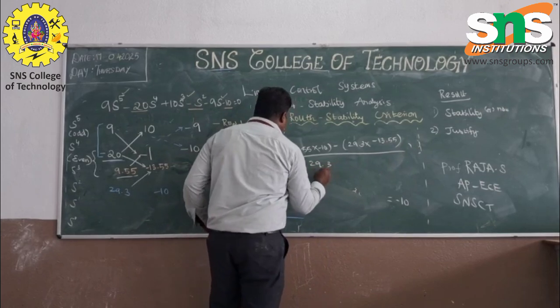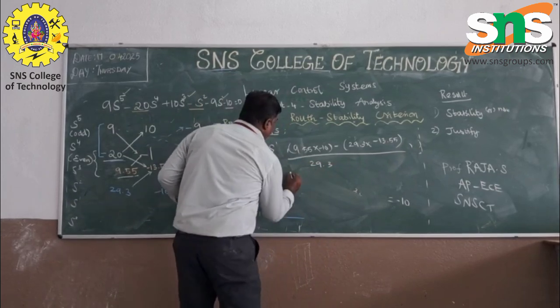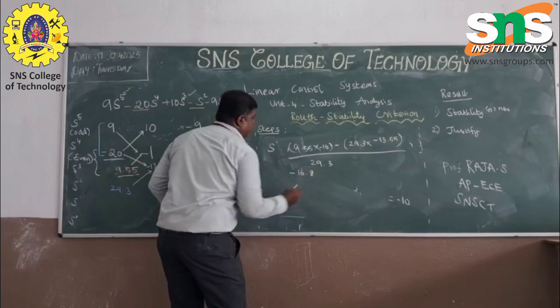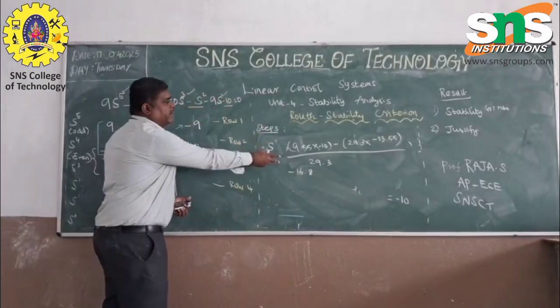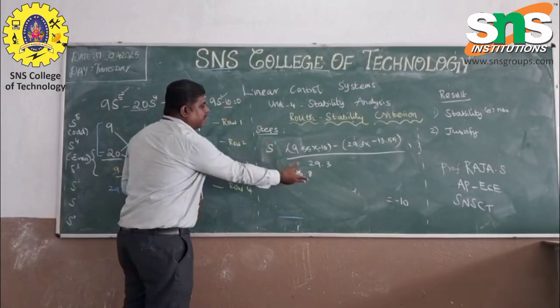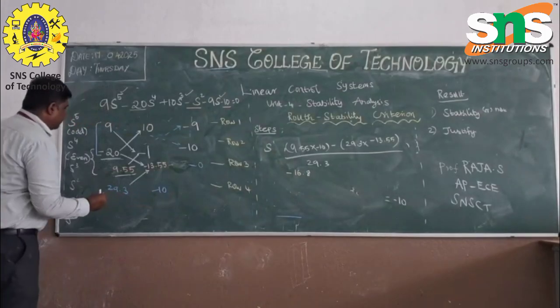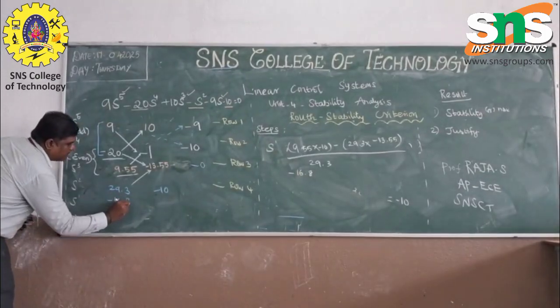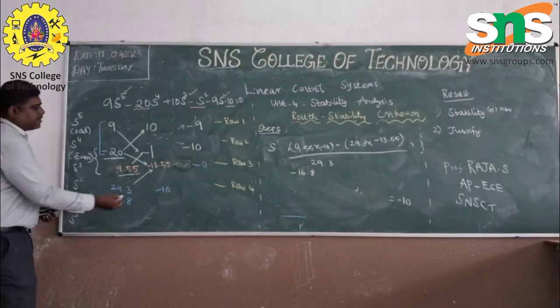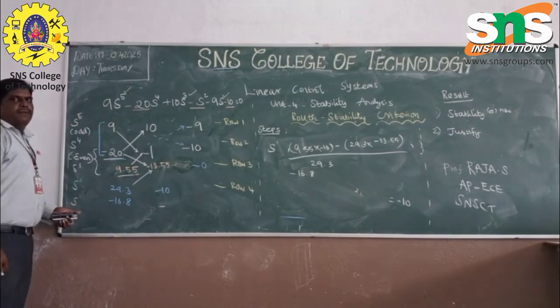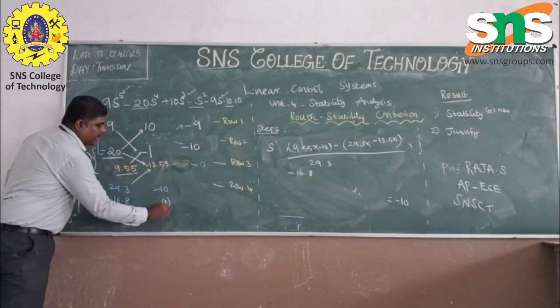When you apply the calculator here, you will get the value of minus 16.8. All this you can normally do in your calculator. So minus 16.8. Here there is no term, so simply I can put the value of 0.